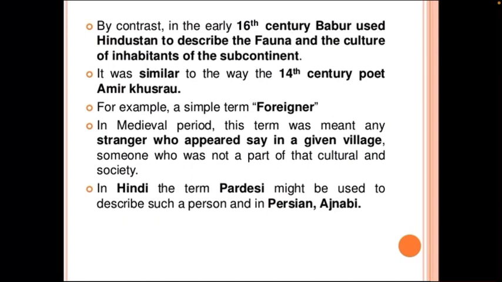In the medieval period, this term meant any stranger who appeared, say, in a given village, someone who was not a part of the culture and society. In Hindi, the term Pardesi might be used to describe such a person, and in Persian, Ajnabi. So here we understand that there was a difference between the terminologies, same terms and their meanings.